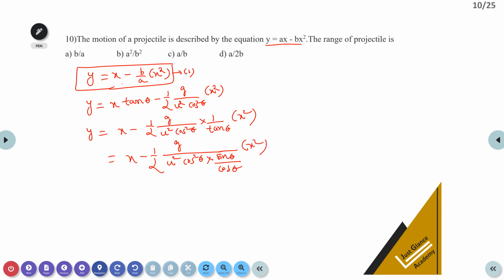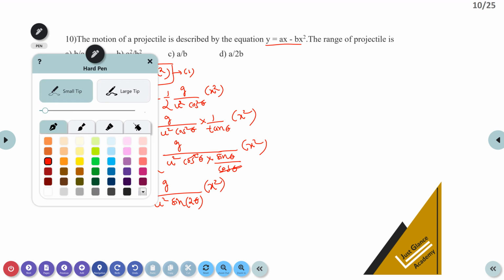By rearranging the terms, what you get here is y equal to x minus g divided by u square into sin of 2 theta into x square. Rearrange the terms: the 2 is there, cos theta, sin theta, because one cos theta and the other cos theta cancel.